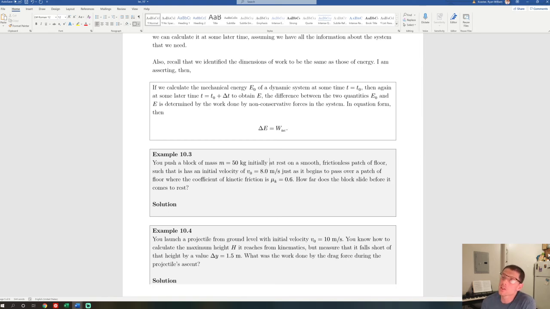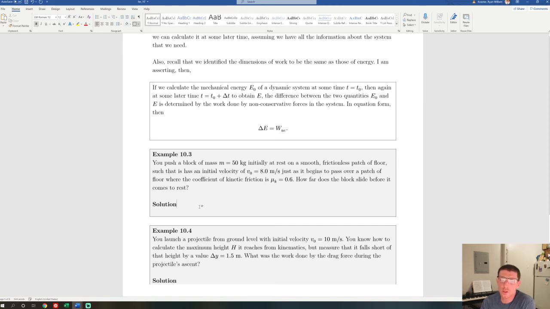And so the point is that as soon as the box is on the frictiony surface, it has this initial speed. Okay, hopefully that's okay.